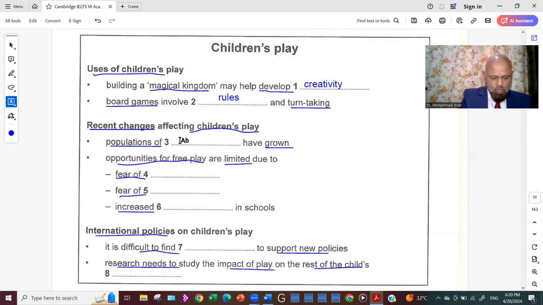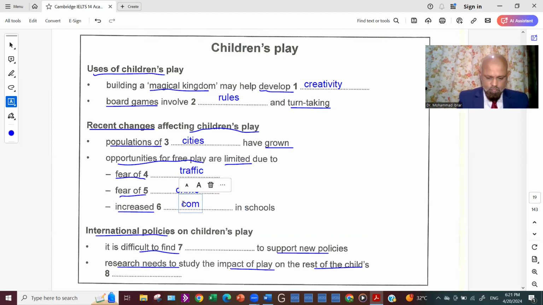So the word crime will go here. And then what increased in school?